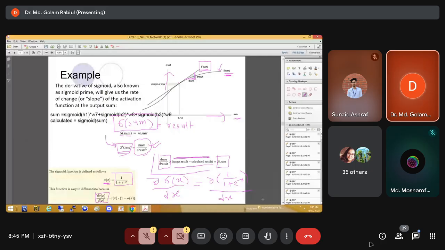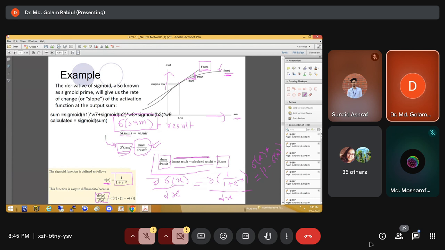We know how to determine the derivative of an equation, so finally we will get that it is equivalent to sigmoid of x times 1 minus sigmoid of x.